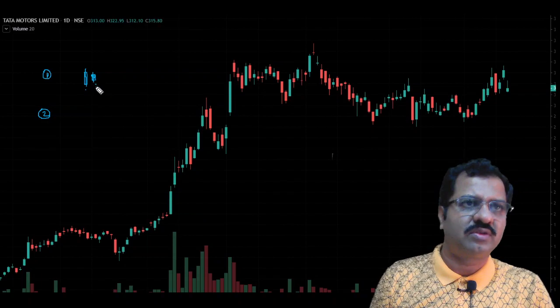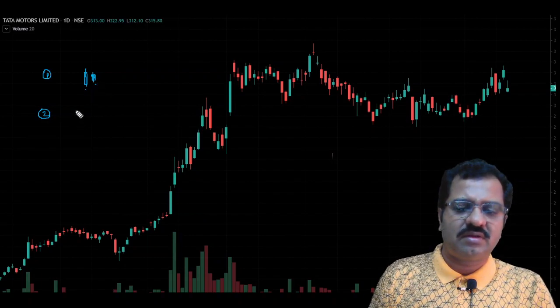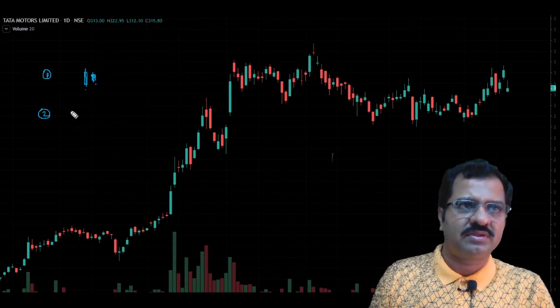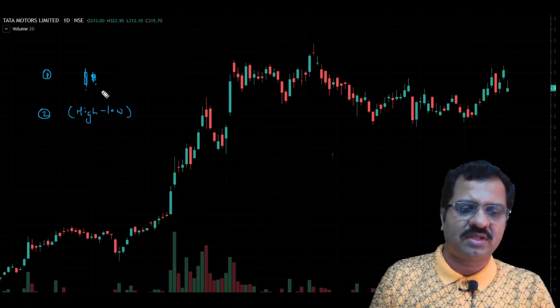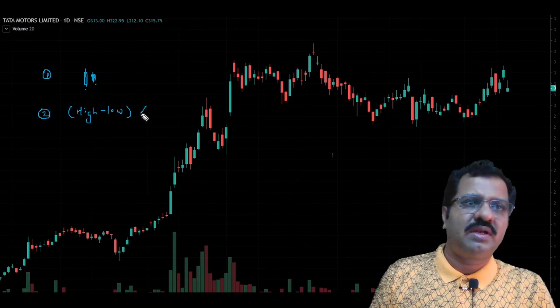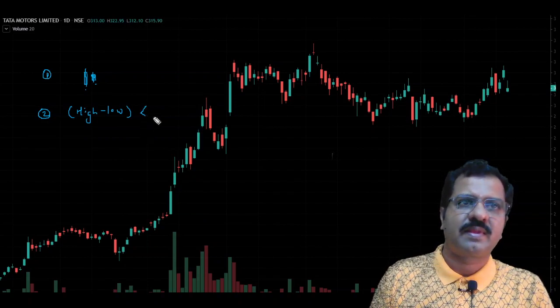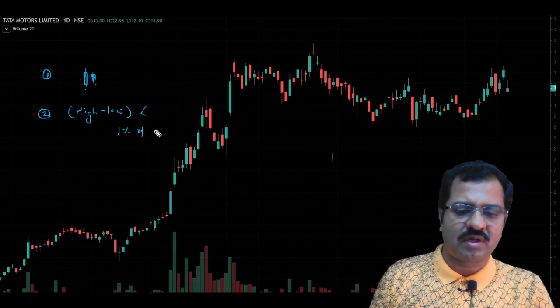This candle's total height, meaning high minus low, should be less than 1% of the current price.